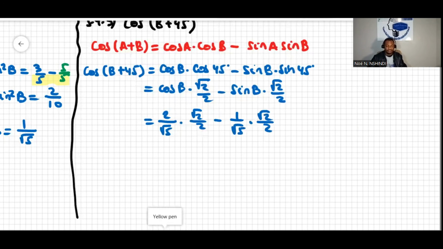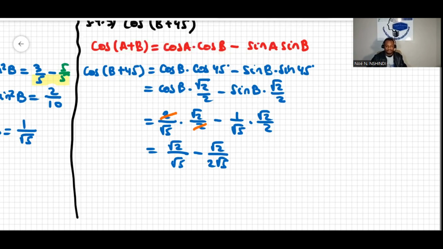Then we can simplify root 2 and 2, and this will make what? Excuse me, this will make 1 square root of 2 over root 5 minus the square root of 2 over 2 root 5.